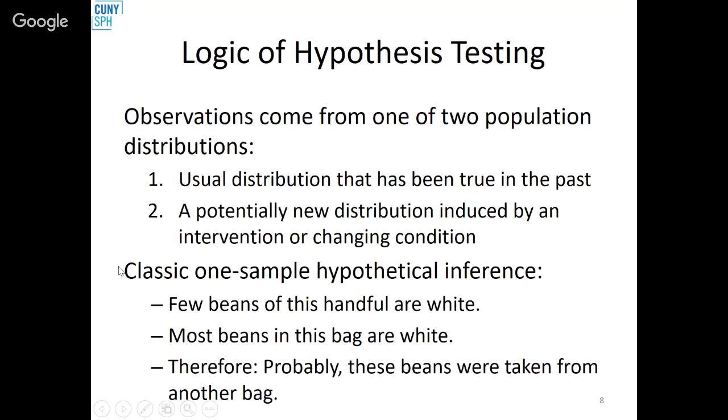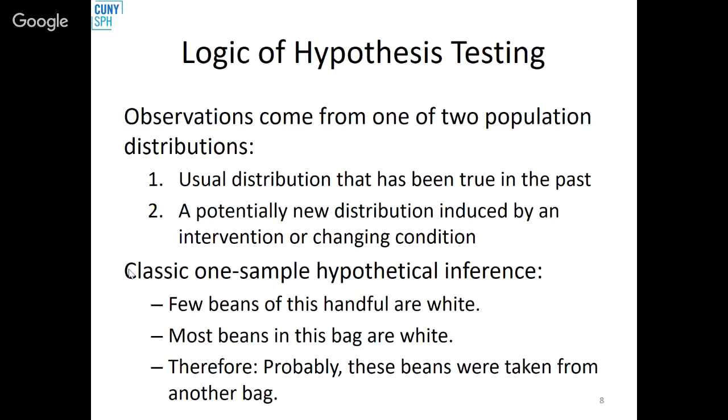This is a classic example of what this inference means. You have a handful of beans, and just a few of them are white. So they're mostly brown beans with like two white ones. You have a bag full of almost all white beans.